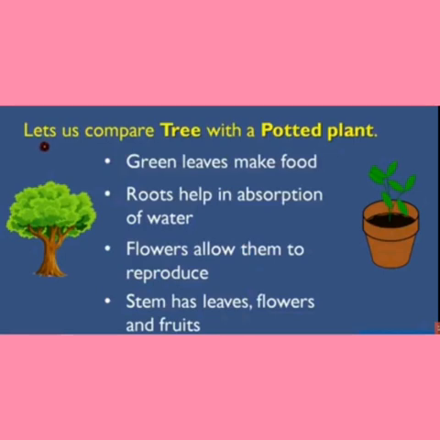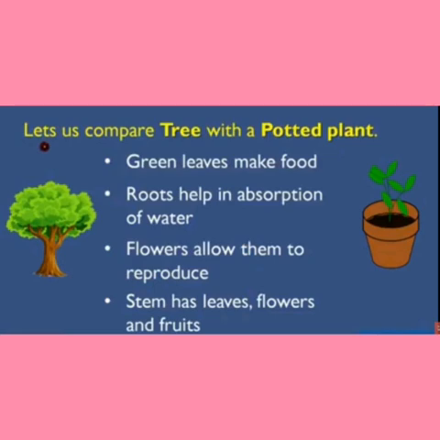Let us compare a tree with a potted plant. On one side there is a tree and on the other side is a part of a tree called a potted plant. First point: green leaves make food. Both of them have green leaves which help in making food. Second, roots help in absorption of water. Both of them have roots which help in absorption of water.